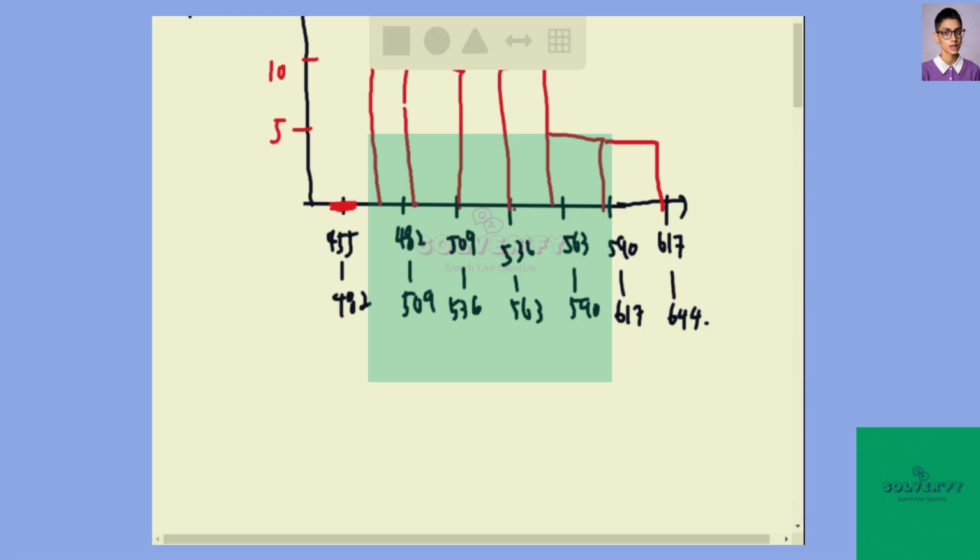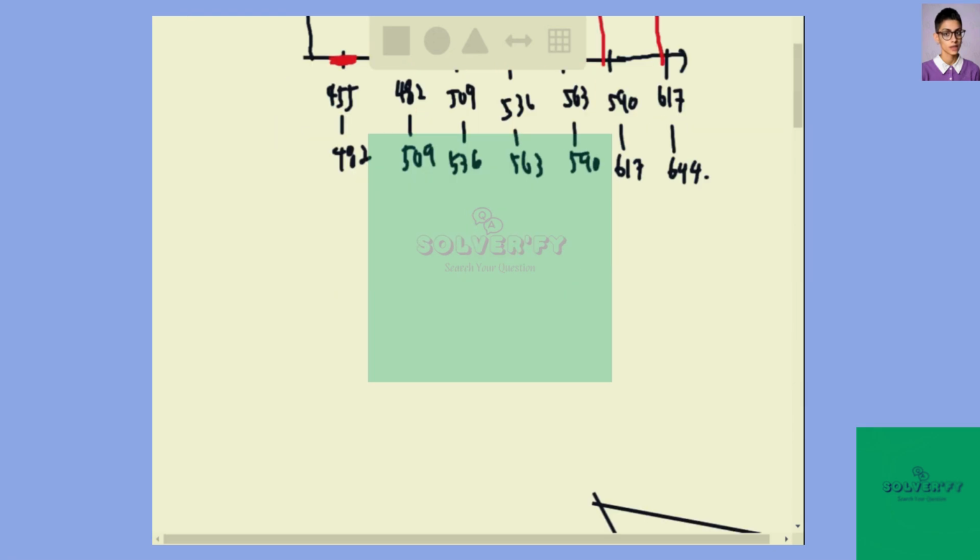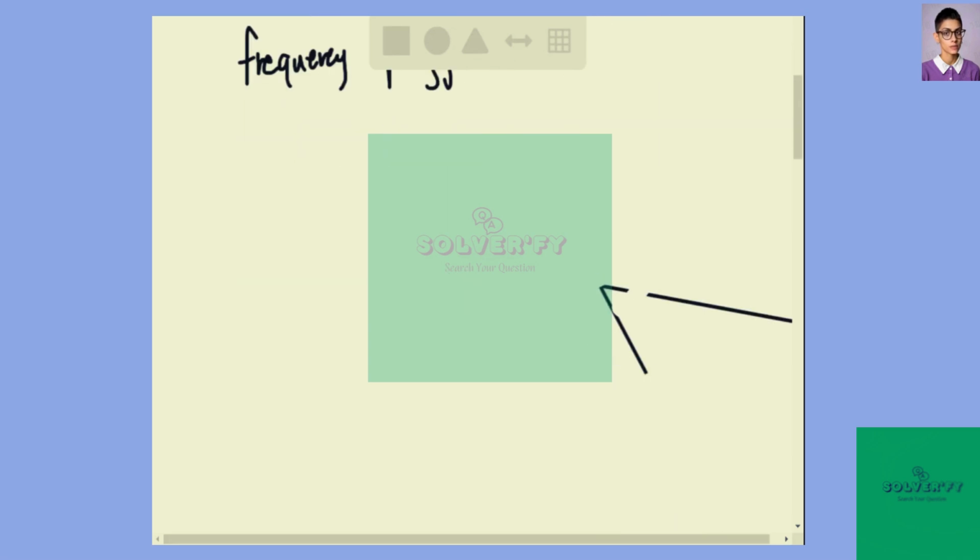And frequency polygon. So we're going to be using the same thing, okay? And let's draw a vertical axis. Still frequency.